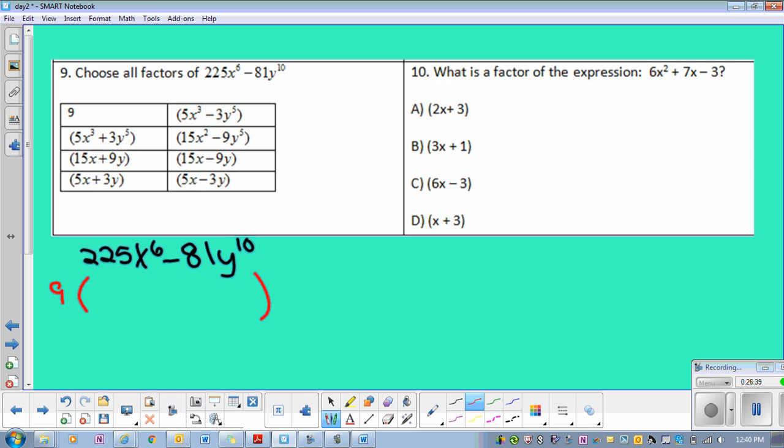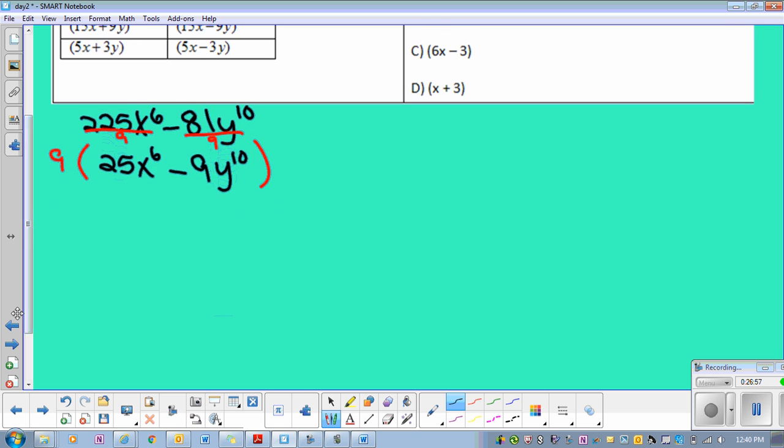So if you divide both of these by 9, what do you get? 25x to the 6 minus 9y to the 10. Right? Am I done here? No. Is it sum or is it difference of squares? Difference of squares. Why?